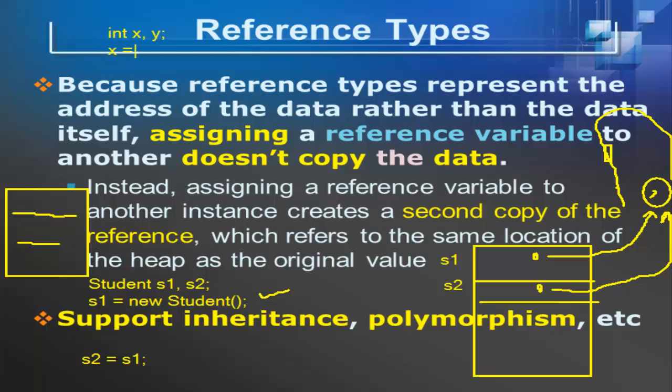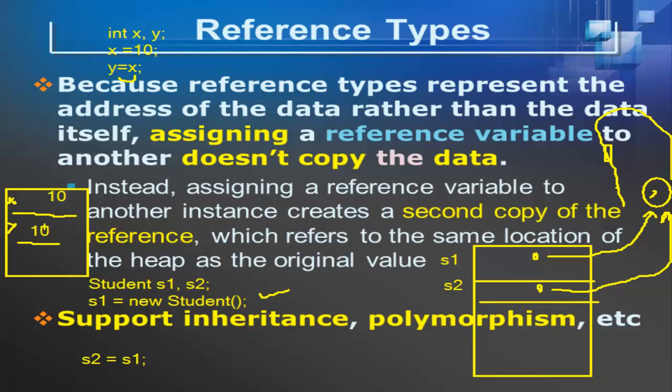I said x equal to 10 and then y equal to x. What happened in that case? Suppose this was x and this is y. When I assign the value 10, it became 10. When I assigned x to y, it was copying the value. Here it's not copying the value, it is making a copy of the pointer. So it just points to the same location.